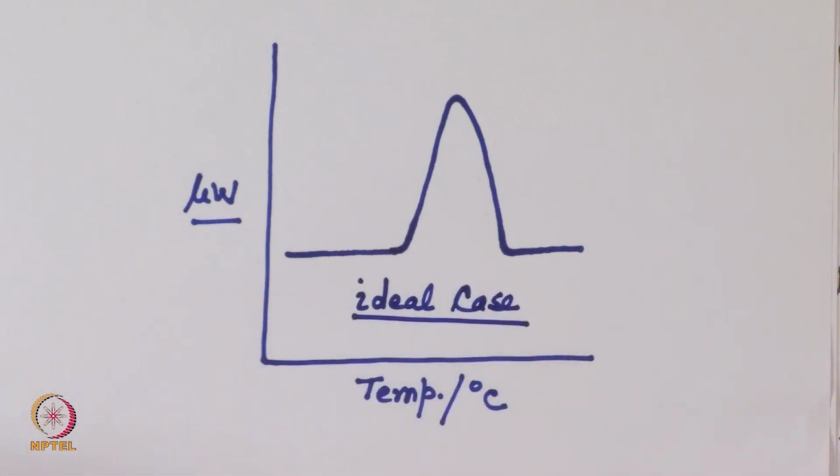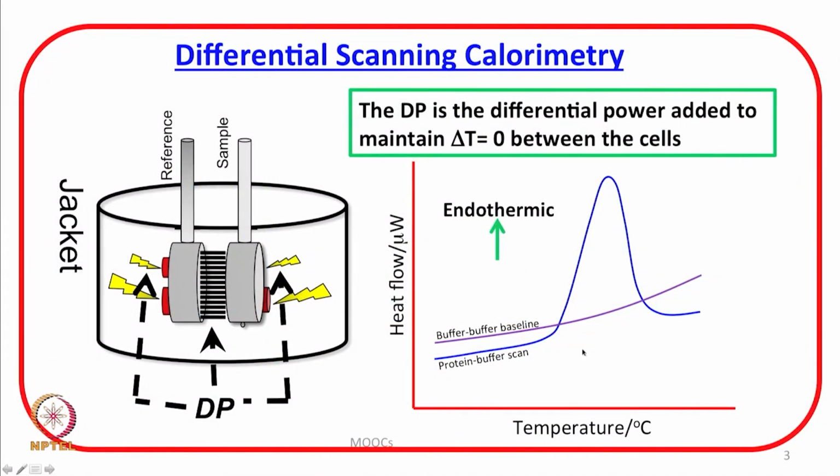Let us take a look at the slide back. Here there is some slope, and the origin of this slope I will be discussing a bit later, but let us concentrate on this blue line, that this transition, or we call it a peak, arises because the sample in the sample cell is undergoing a transition.